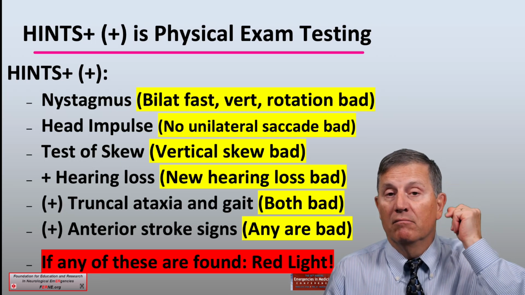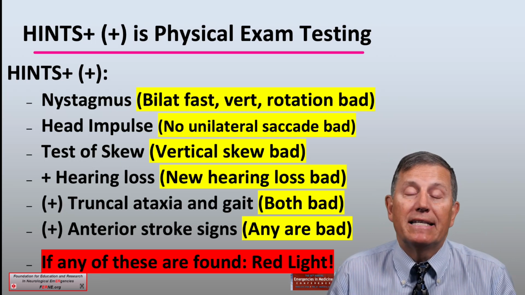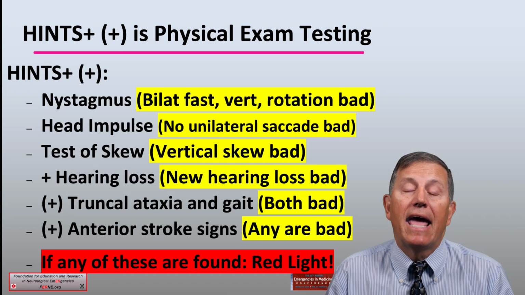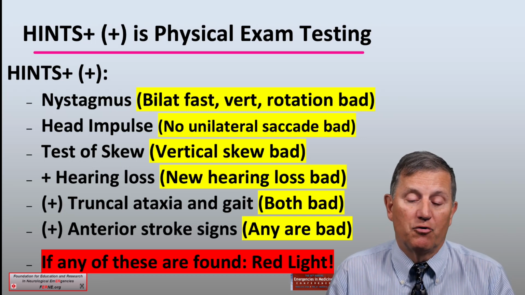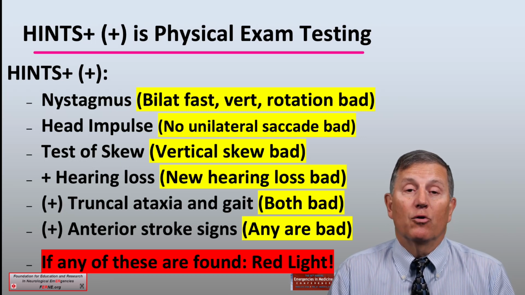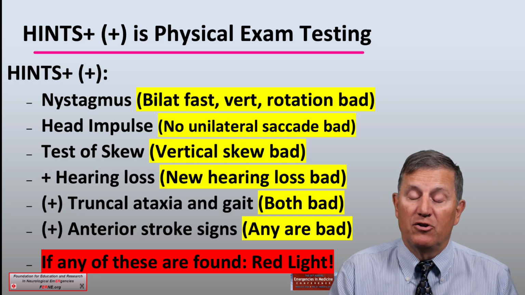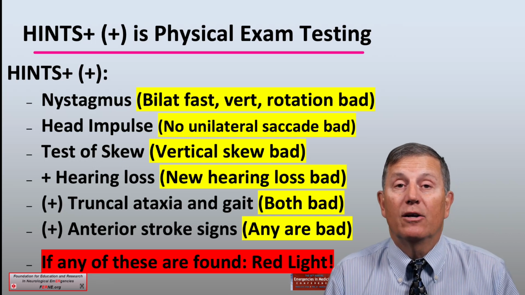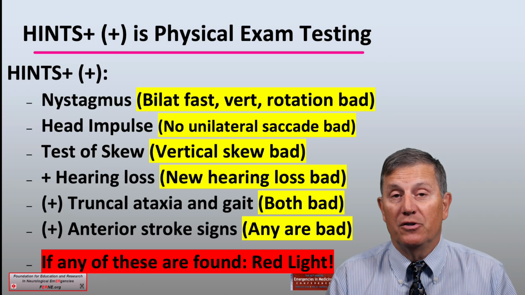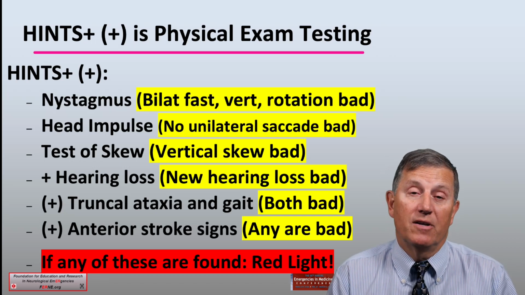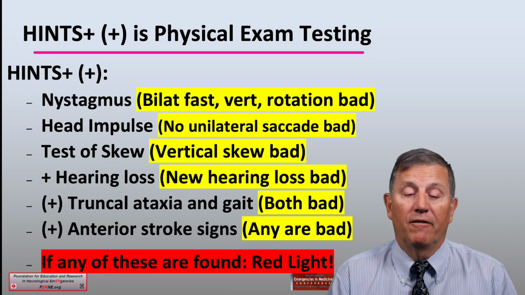Hearing loss, truncal ataxia or ataxic gait, and or anterior stroke signs. If any of these are observed, then the patient needs to be red lighted, considered for a central etiology to the vertigo and acute vestibular syndrome, and admitted for further testing.